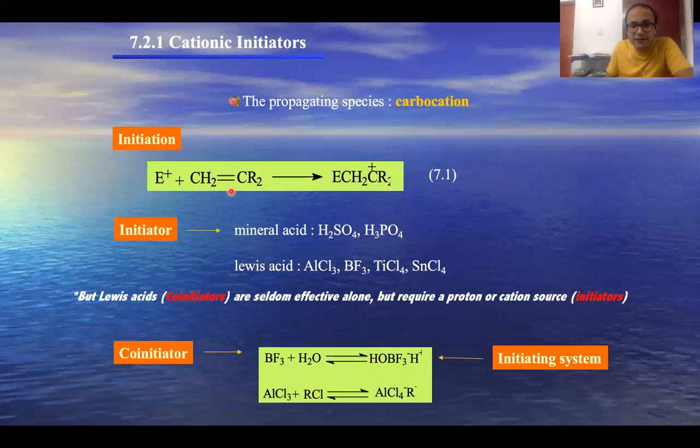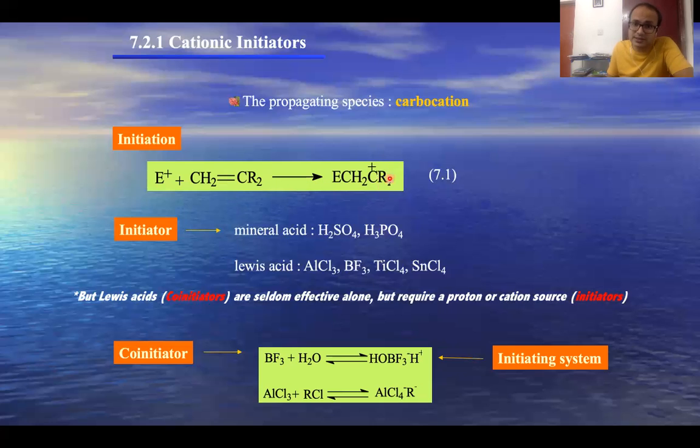Here I forgot to mention one thing: when this activation happens, the substituent, that is R, plays a very important role. If these substituents are not sufficiently stabilizing the ions that are generated here, then definitely this reaction would be a failure. That means the monomer won't be activated enough to undergo this type of ionic polymerization.